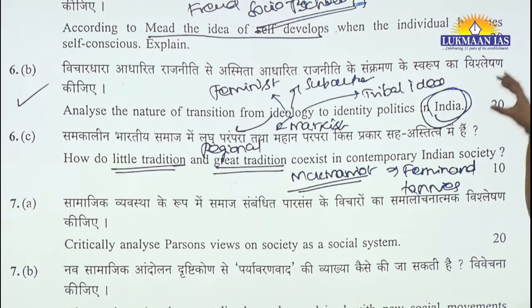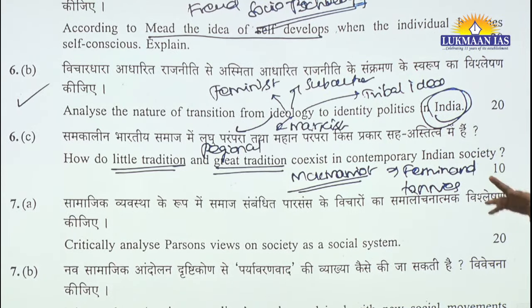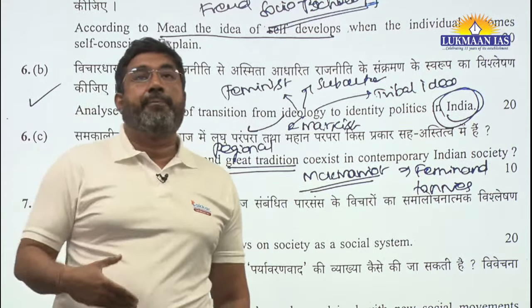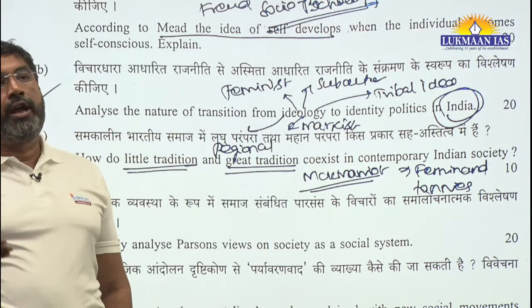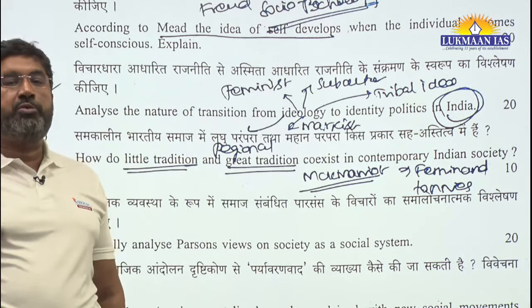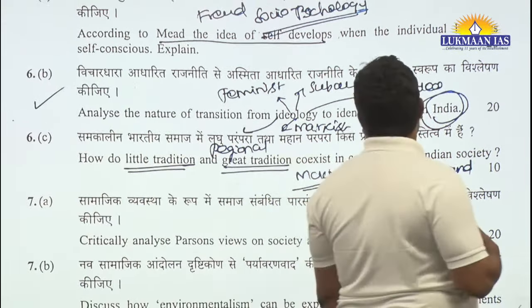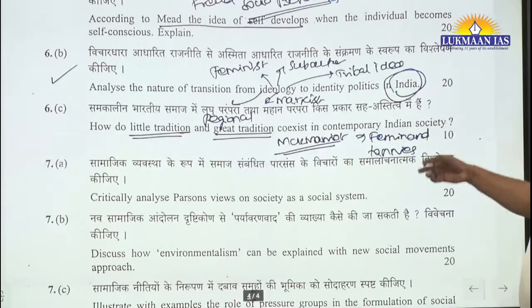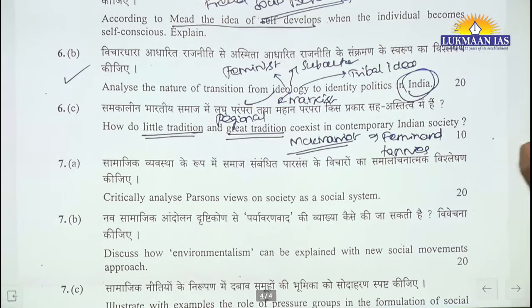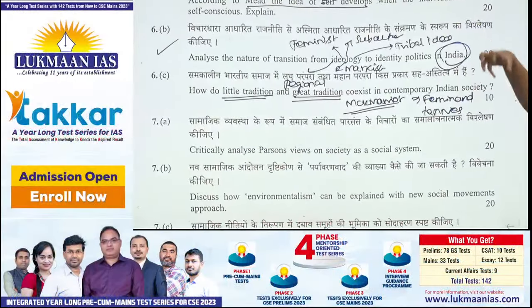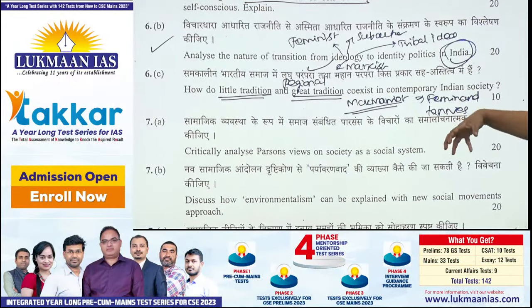So again you have to think it through. The change from last year's pattern is that in the last 2 years the paper was quite straightforward, focusing on how much you have learnt and remembered. Now this year the pattern focuses on how you are arranging and sequencing the different facts in a very coherent and concise way.